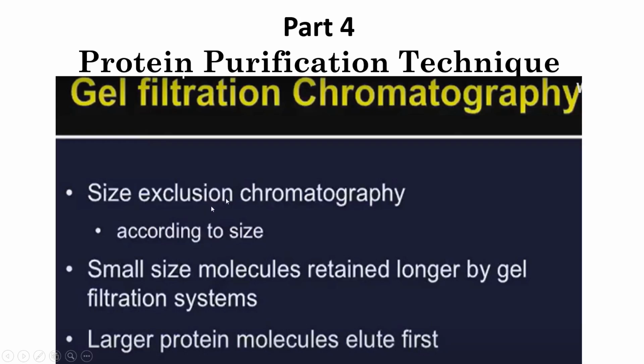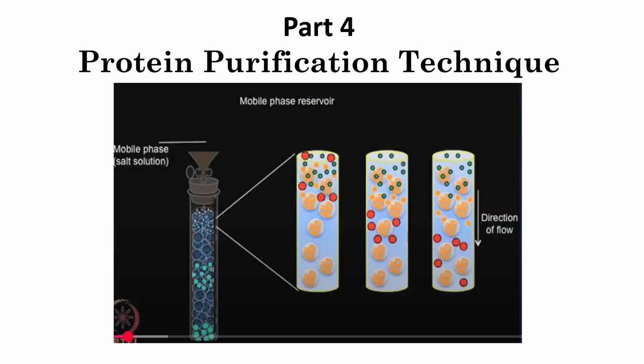So in terms of gel filtration, it can also be called size exclusion chromatography. Here the separation depends upon the size of the protein. Smaller size proteins will move through the gel matrix and will elute out later, whereas larger size proteins will elute out first. So this is the visual representation of size exclusion or gel filtration chromatography.